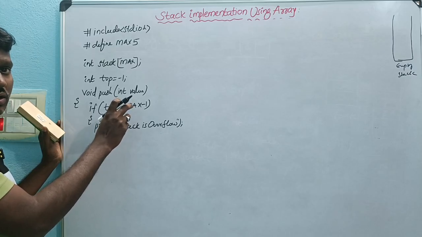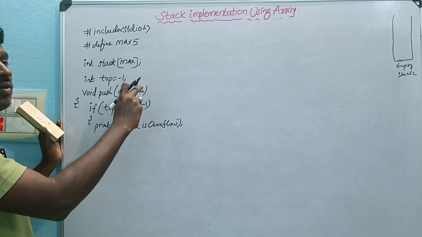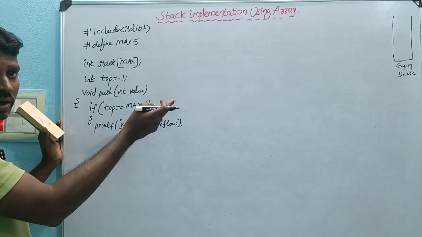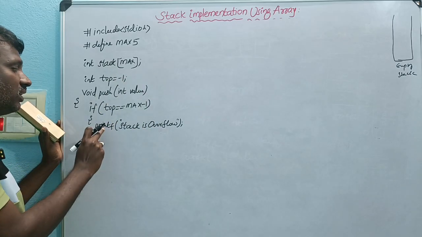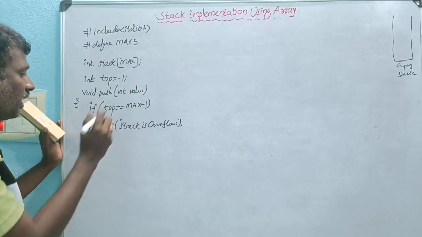Whatever value is inserted when the maximum values are stored in the stack will overflow automatically. So that's why we write that condition: if top equal to max minus 1, then the stack is overflowing.